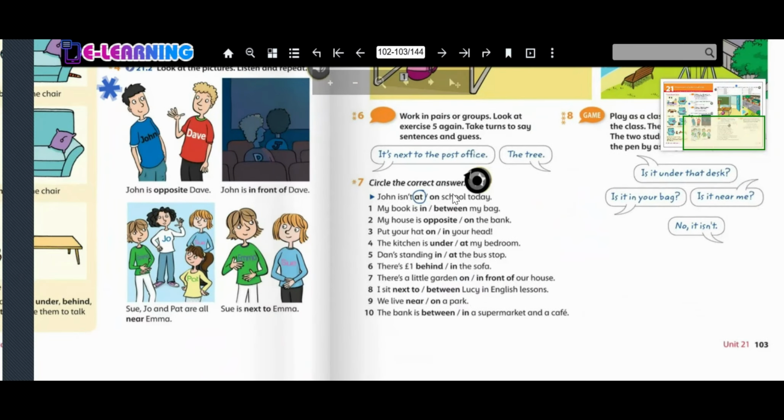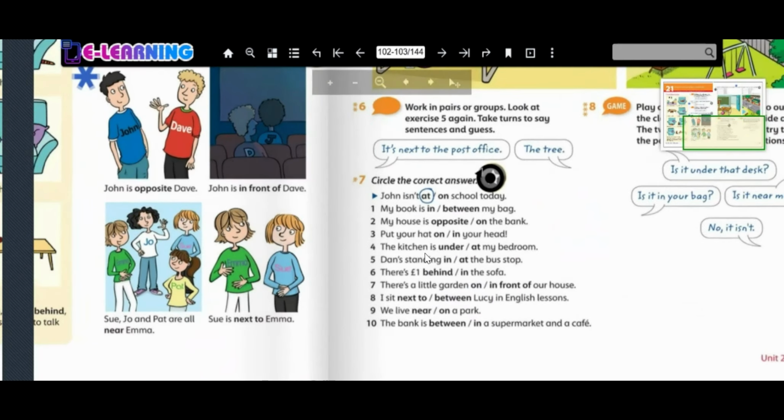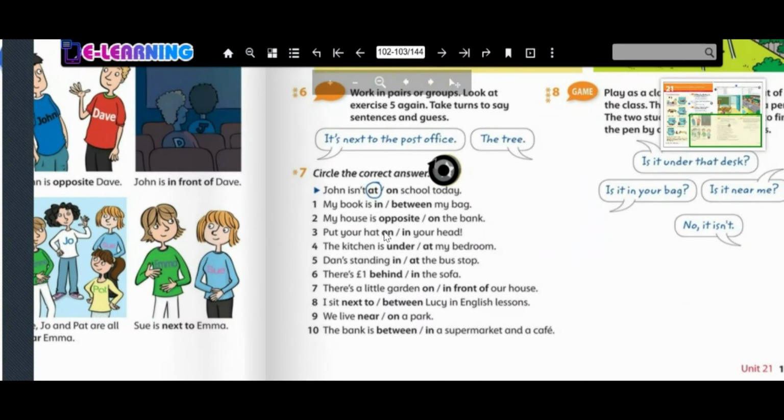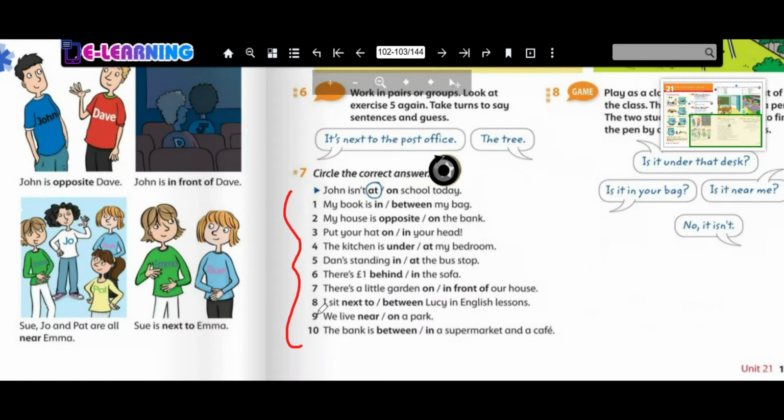Exercise 7. Circle the correct answer. So number 1. So please complete exercise 7 and then check the answers on the screen, all right?